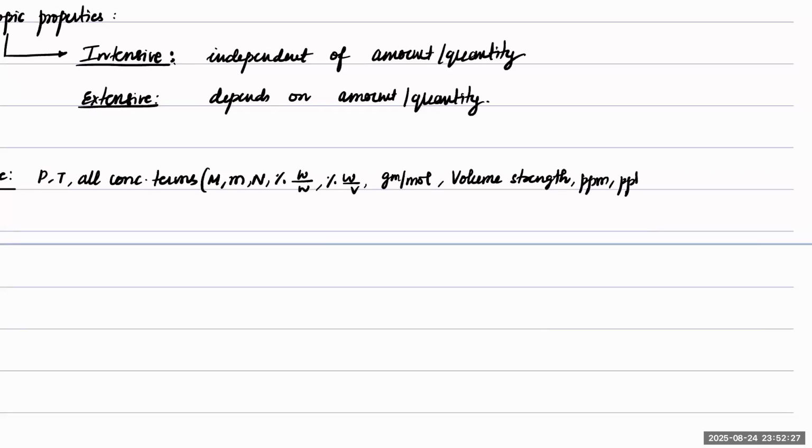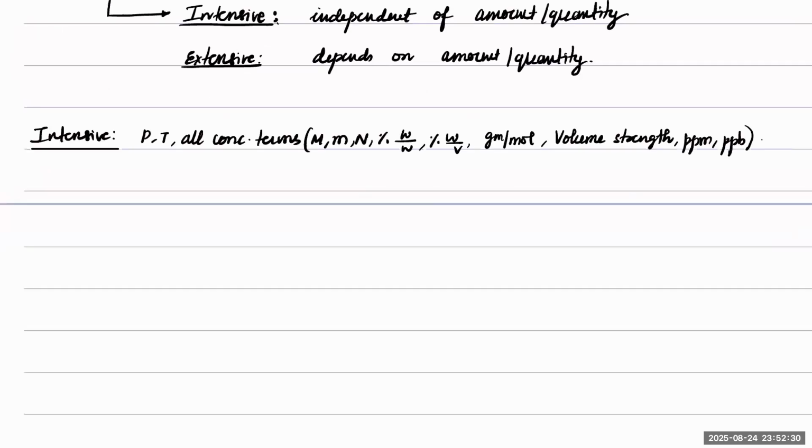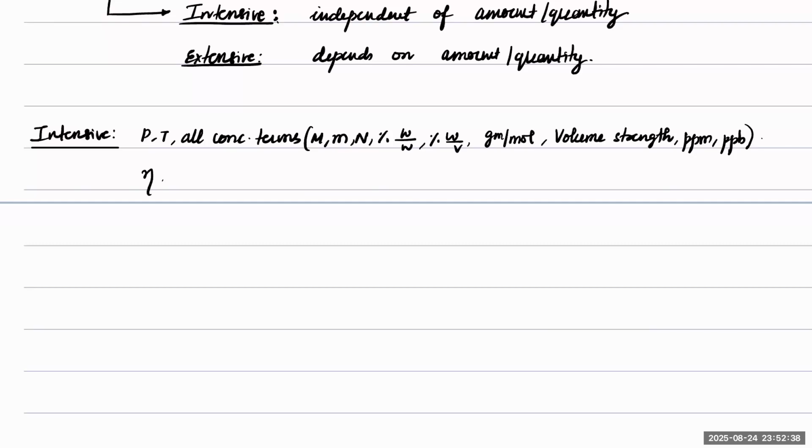So wherever you see these types of concentration terms, those are all intensive properties. Apart from it, we have surface tension, which is used as a force term. Then viscosity, coefficient of viscosity, refractive index, mu, EMF of the dry cell, and many more. These are mostly intensive forms.